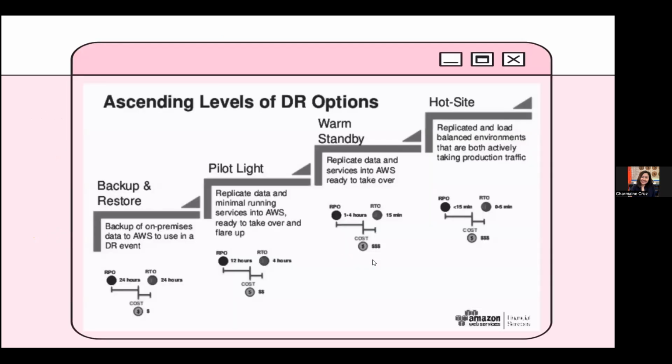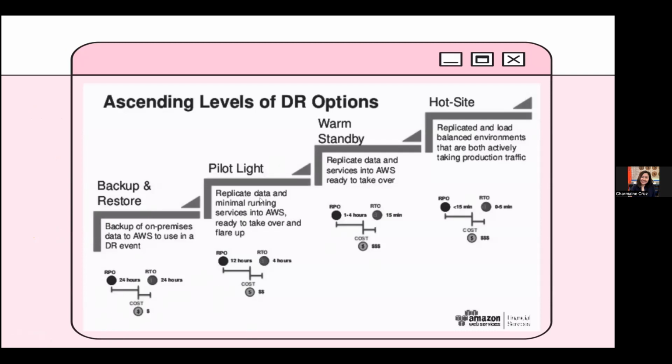So here, ascending levels of DR options. So backup and restore, backup of on-premise data to AWS to use in your event. Nakita natin na yung hours are different for each DR option natin. So here, mas less cost, pero mas matagal yung recovery time, or ito 24 hours for backup and restore.